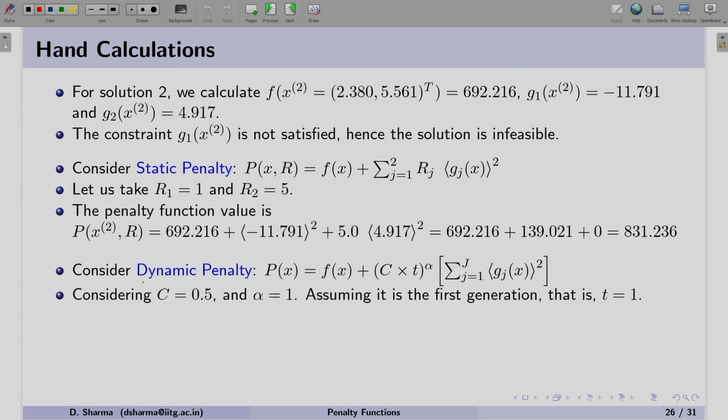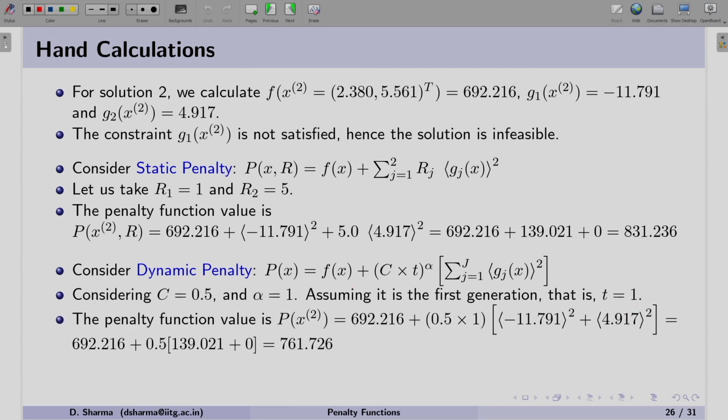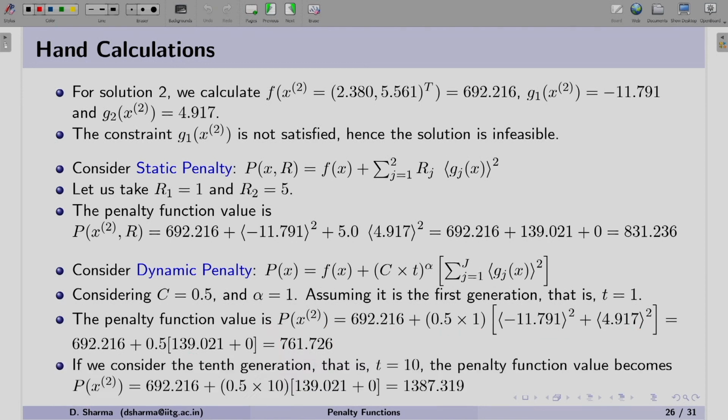Let us see a similar thing with the dynamic penalty now. Given the formula here, considering C 0.5, alpha 1, and let us assume we have the first generation right now. So the penalty function value for solution 2, we have 0.5 into 1, and then we have a bracket operator for both constraints. Since this is satisfied, it is going to be 0, and this is not satisfied, so we are taking a square term here, and finally we get a value of 761.726.